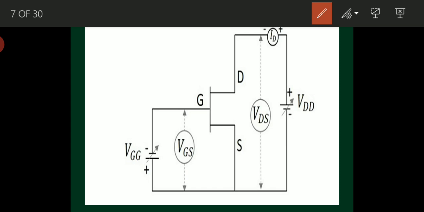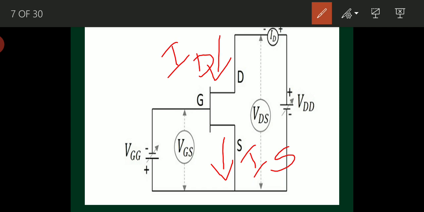This is the direction of current ID, and this is the direction of current IS. This is ID, drain current, and this is IS, source current.